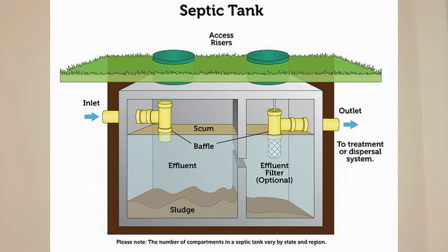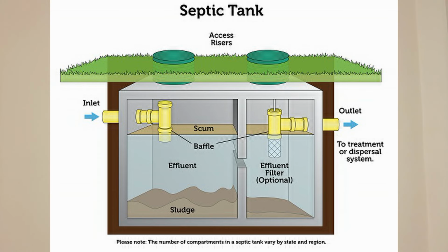This type of system is very common, and in many cases it works reasonably well. The main advantages are that it is cheaper to construct, simpler to design, and familiar to most builders. For small to medium households with good soil conditions, it is perfectly acceptable, right?